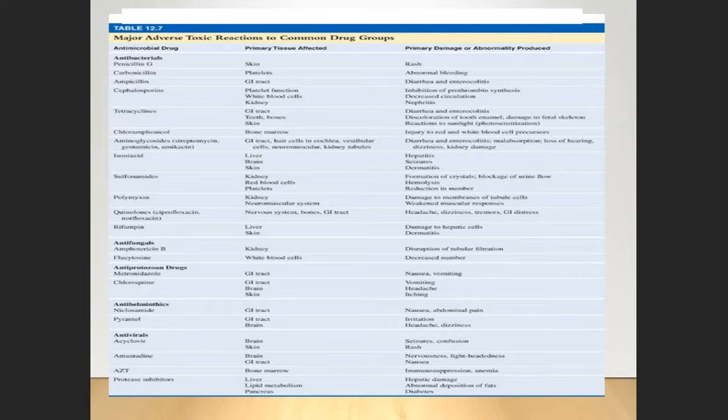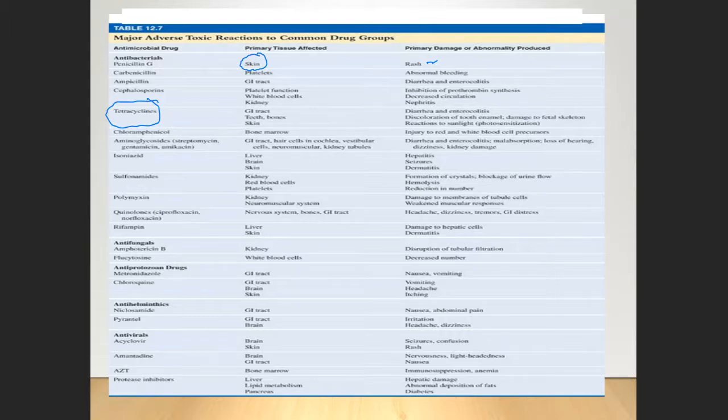These are some major side effects on the human body. For example, penicillin might have a side effect on the skin, like rash and itchiness. Tetracycline, for example, might cause discoloration of teeth.